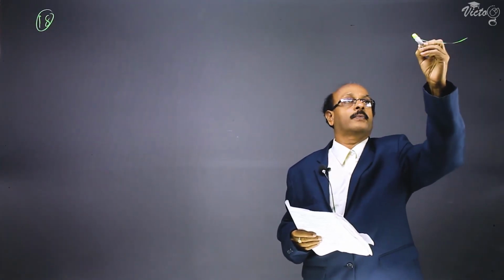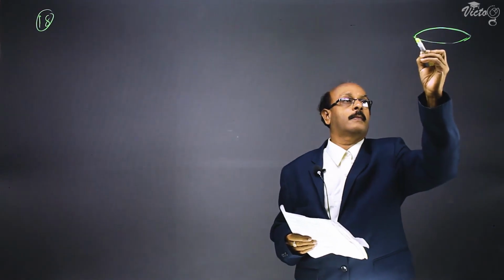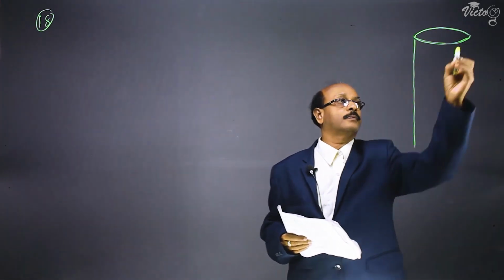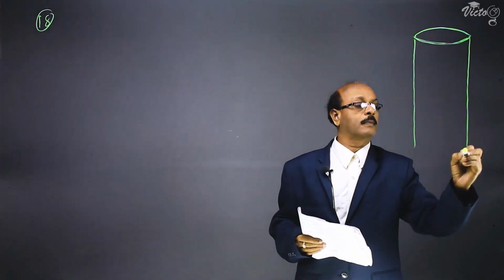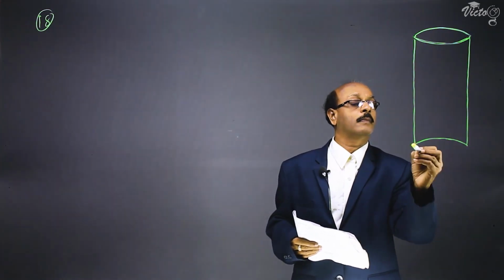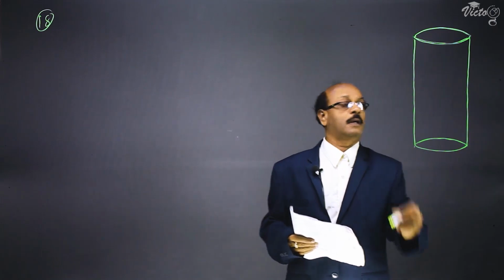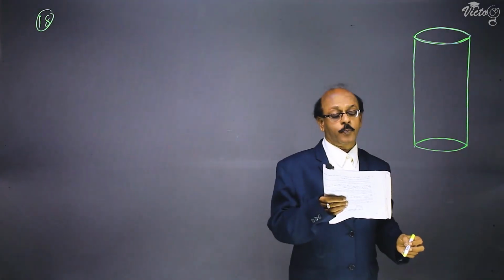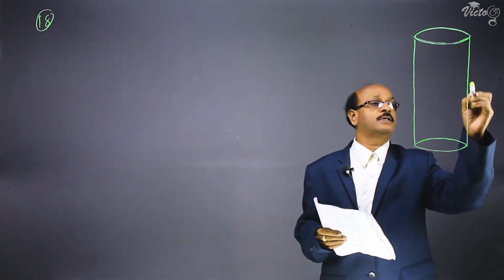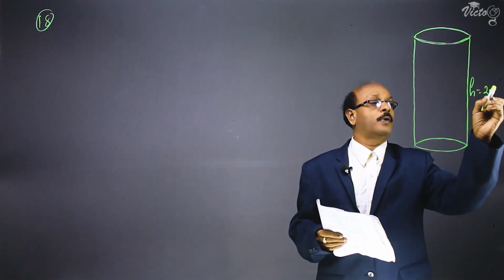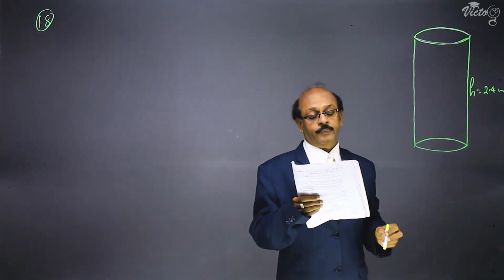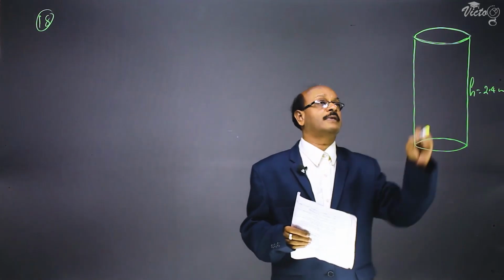It is given that from a solid right cylinder, this is the cylinder of height 2.4 centimeter. Height h is equal to 2.4 centimeter and radius is 0.7 centimeter.